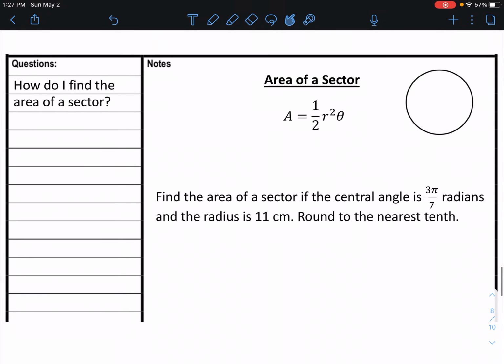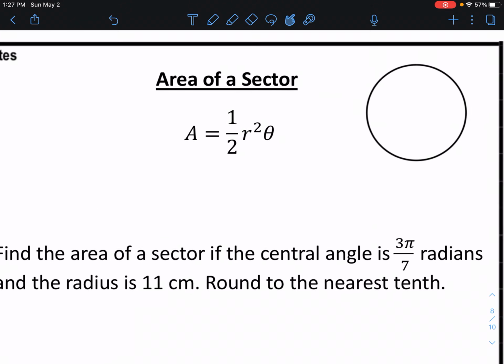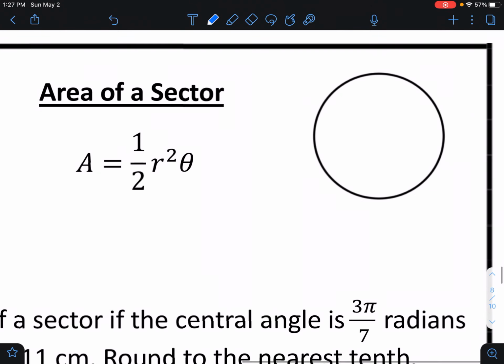All right. Area of a sector. Well, what is a sector again? A sector, let's say here's the middle. Let's say this is my radius. The sector is the area of that, which would be everything in this.